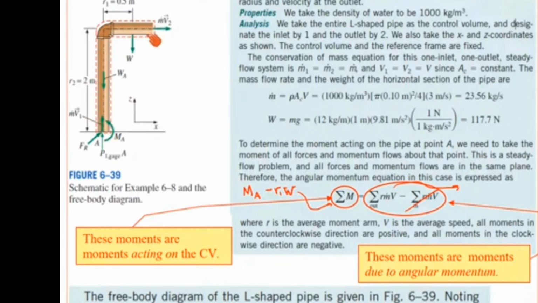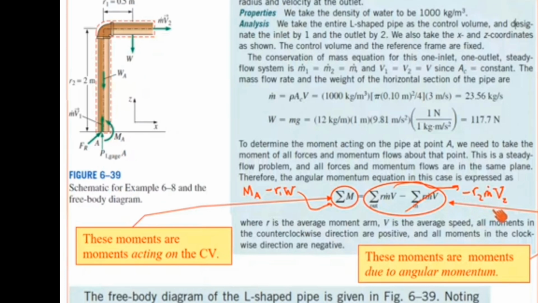Again, this is the most difficult part of these problems, getting the sign correct. We know intuitively that this jet is going to cause a counterclockwise moment on this pipe about point A, but the actual angular momentum flow rate out of the control volume is in the clockwise direction, which means we need a negative sign in our equation, which deals with counterclockwise moments as positive.